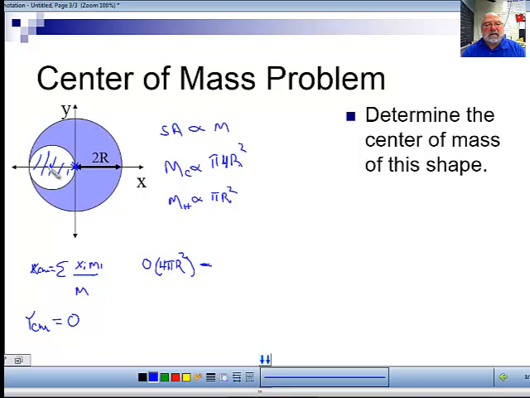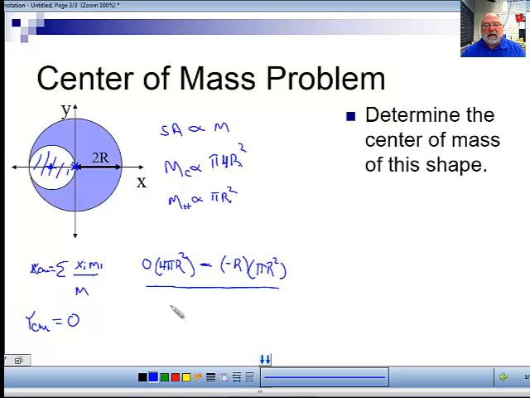Well, this has a location of minus 1r, times its mass, and this is going to be all over the sum of the masses.